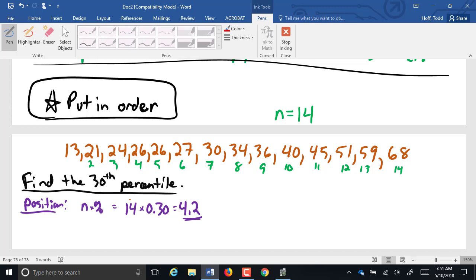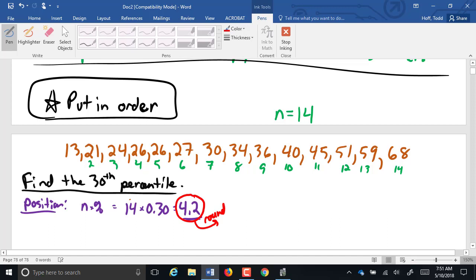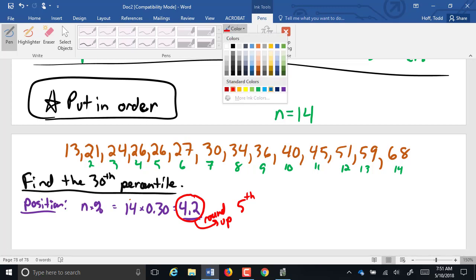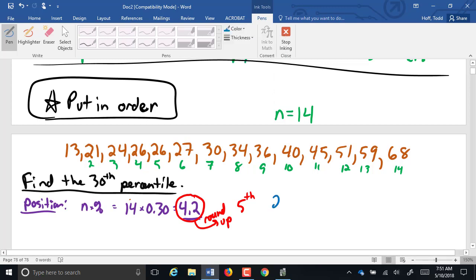But whenever there is a decimal for a position, we round up. Even though that's 4.2, we still round up to the fifth position. What number's in the fifth position? 26. So our 30th percentile here is 26.